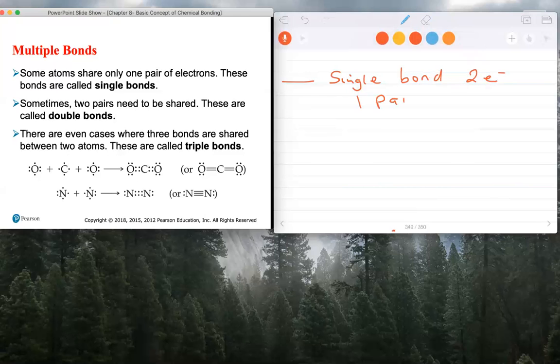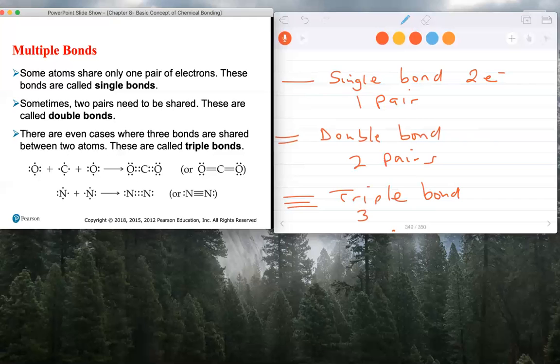You know what a pair is? It means 2. A double bond is 2 lines, and it has 2 pairs. This is called a triple bond, and it has 3 pairs of electrons.